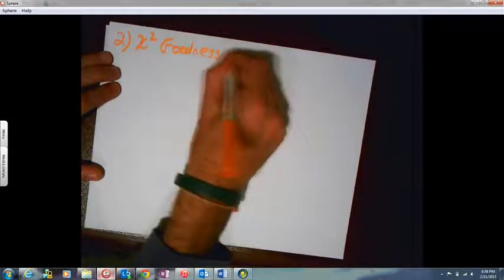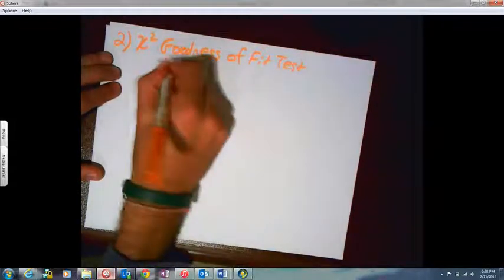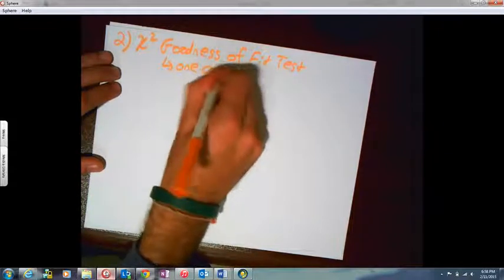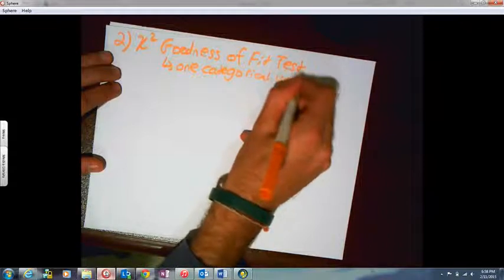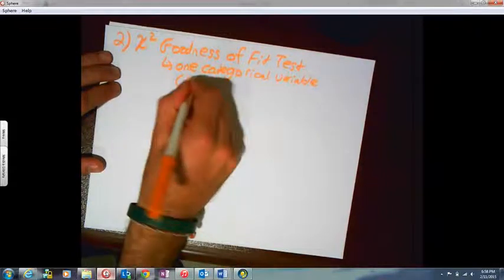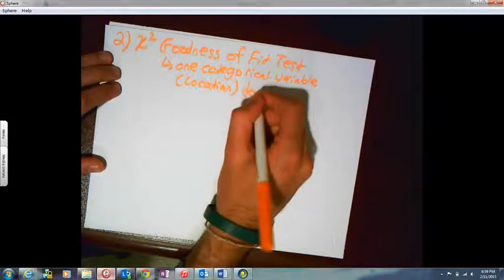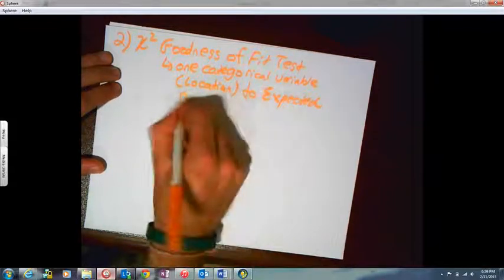So, this is going to be a chi-square goodness of fit test because you're comparing one categorical variable, location, to the expected distribution.